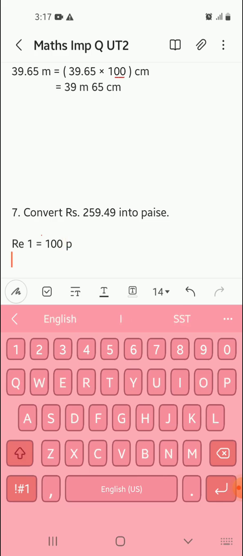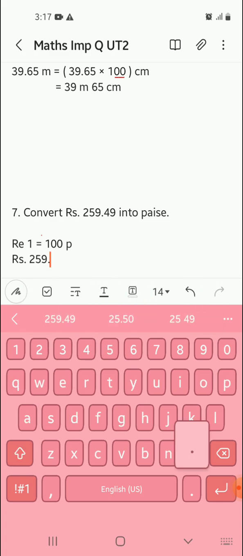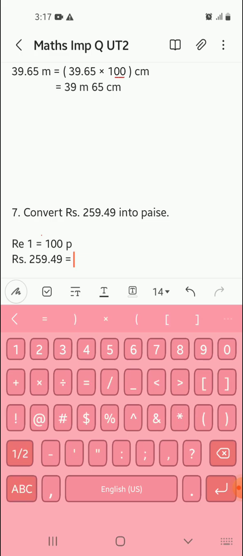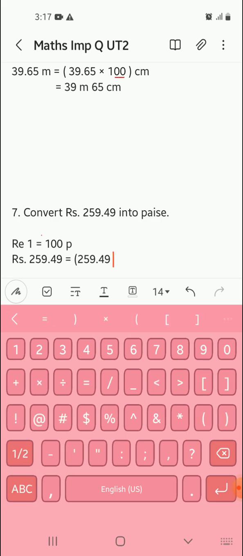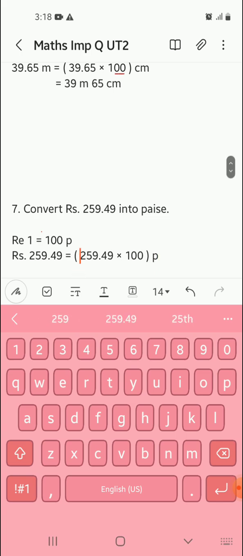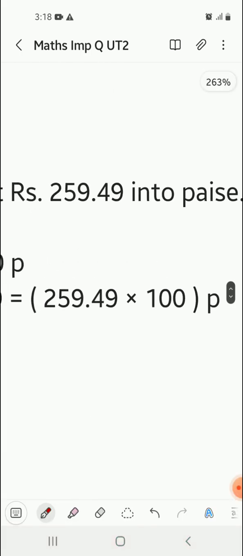So therefore we can say that 259.49 rupees will be equal to 259.49 into 100 paise. Because there are two zeros, the decimal point shifts once and twice to the right side because we are multiplying.